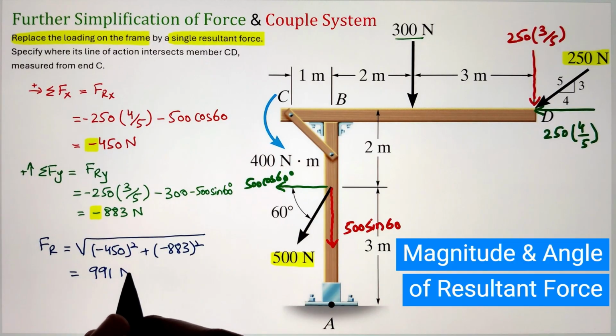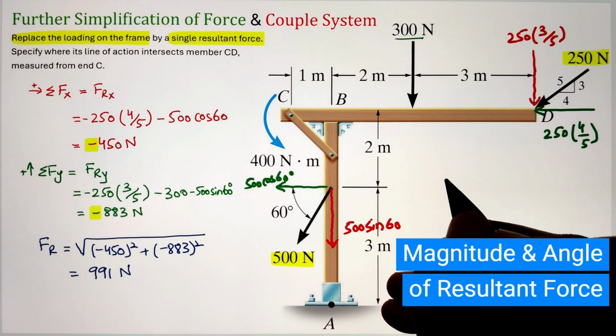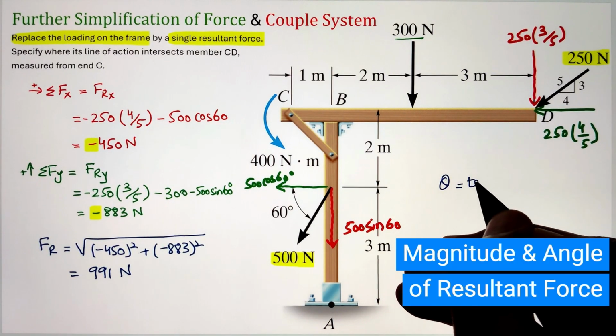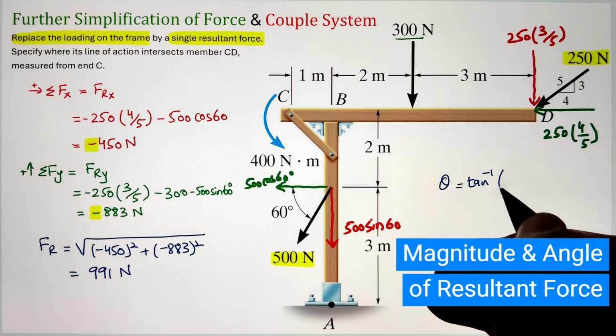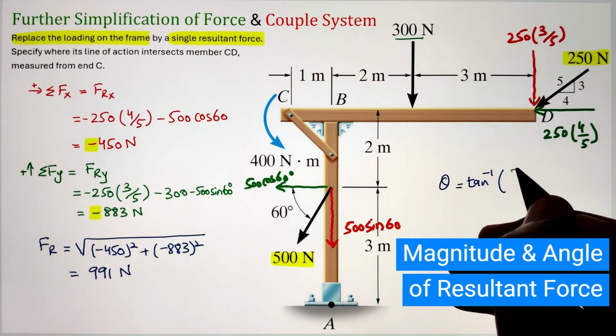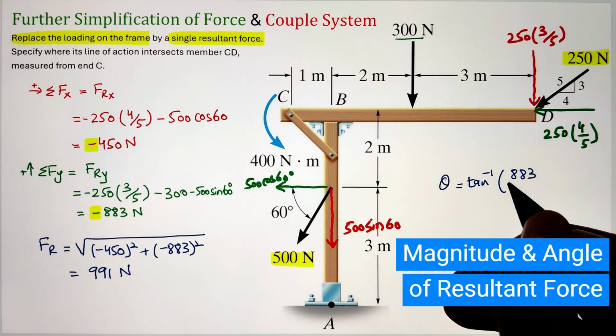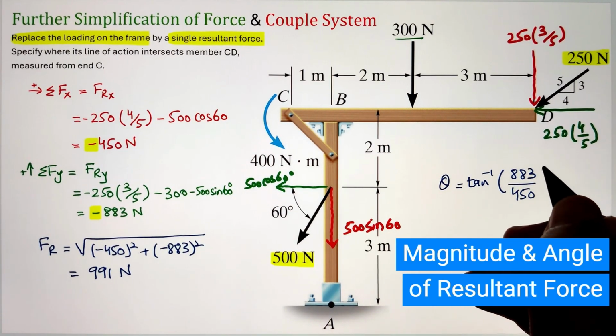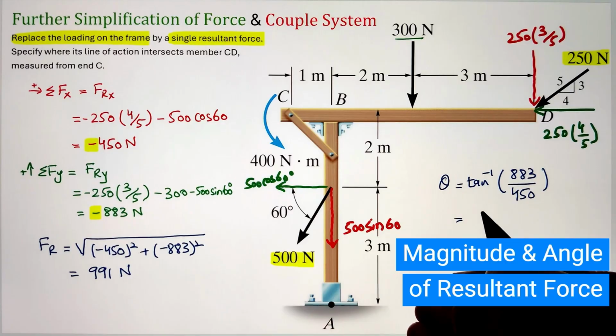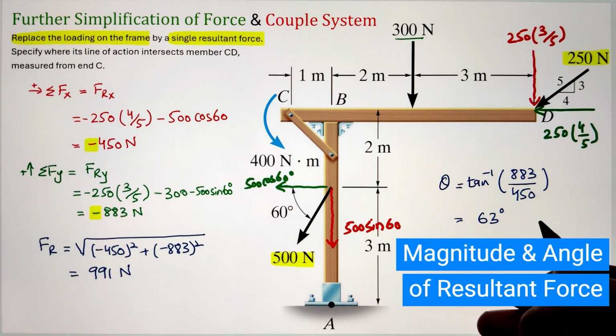Now, once we have the magnitude, we also have to identify the direction at which this force is acting. So, utilizing our tangent inverse function, by taking the tangent inverse of the y component's magnitude divided by the x component magnitude. In this case, remember, we are just taking the magnitude and we are not talking about the directions here.